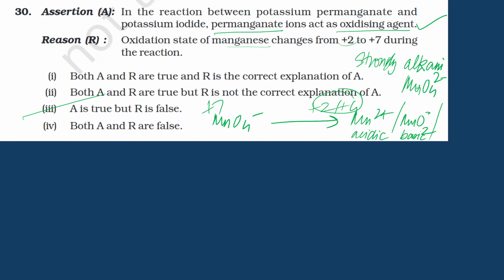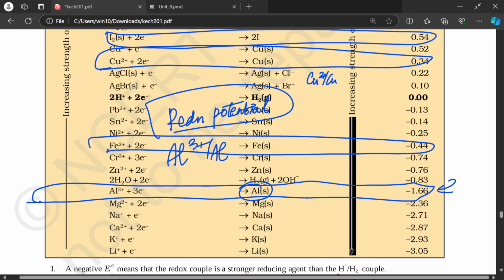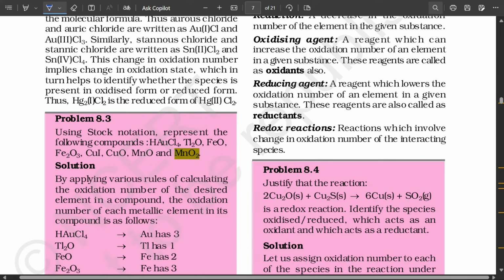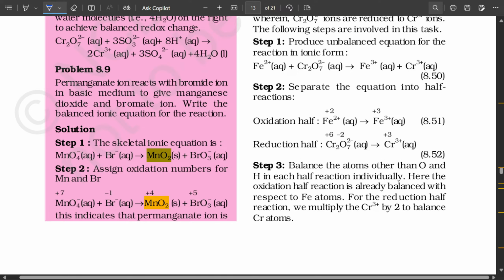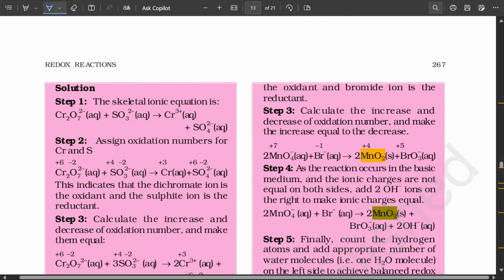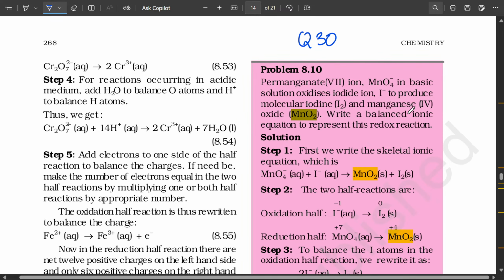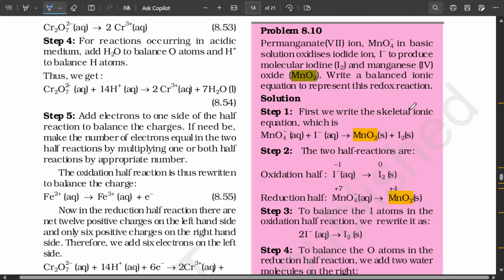I want to quickly share my screen and go back to NCERT this time around, and show you an example. Control F, MnO2, just typing it out. It should find it. MnO2 appears in a lot of places, but the one that I want, where is that? Look at this. Question 30, as I pointed out. Read this. Solved example, guys.